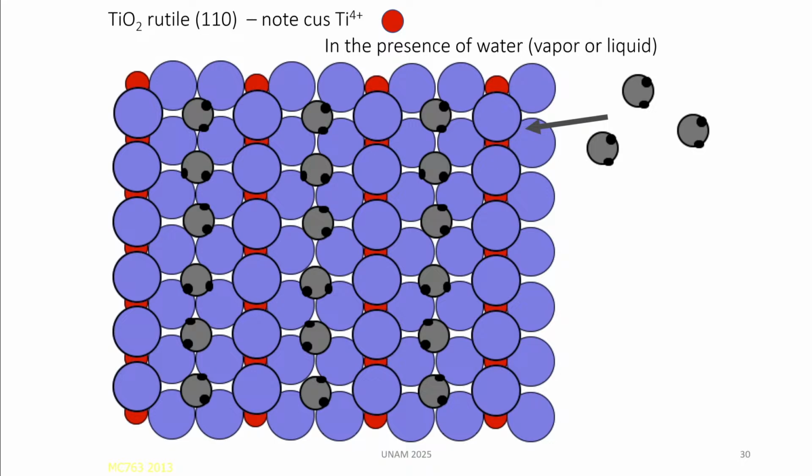But when you do that, some electronic density is given to the Ti4+, and the OH of water become more acidic. And since right next to these acidic sites you have a basic site, O2-, you can have a proton exchange.